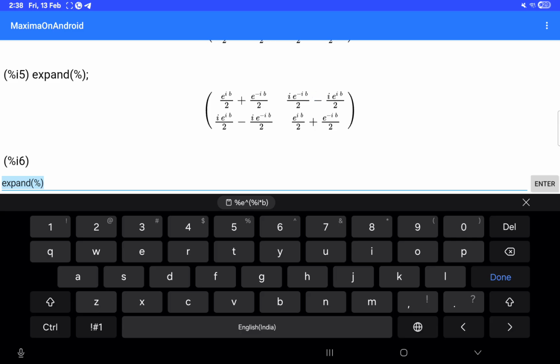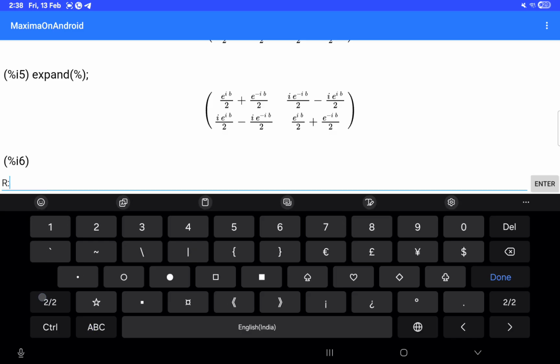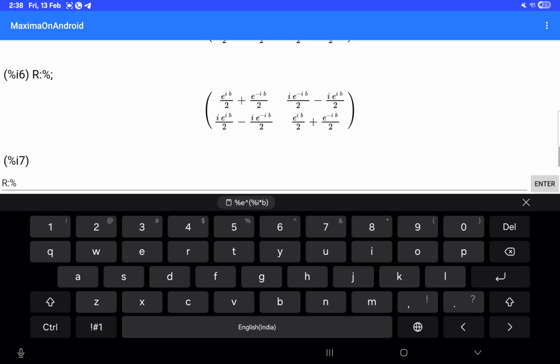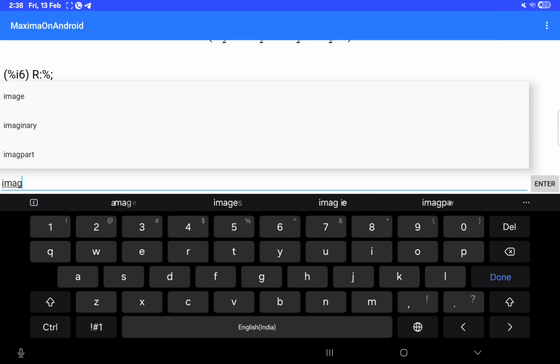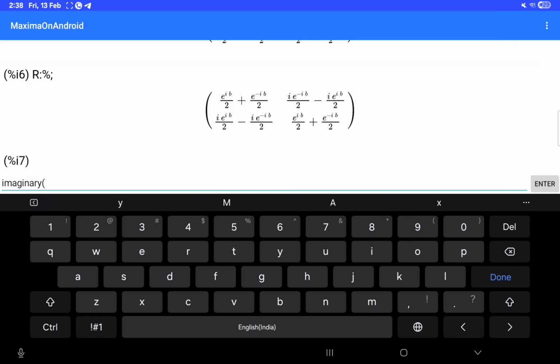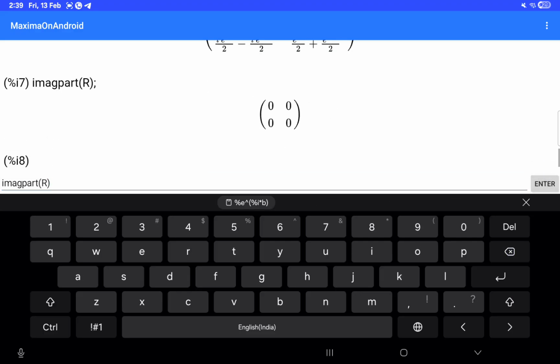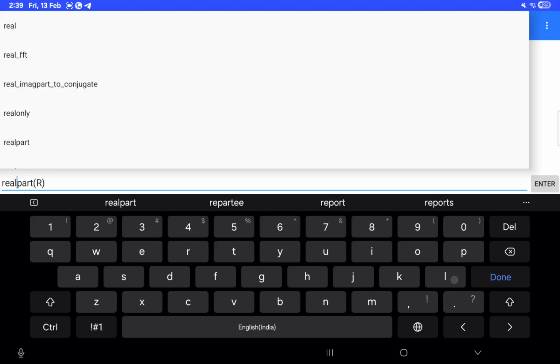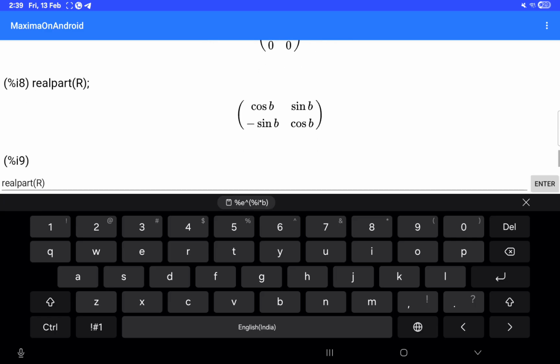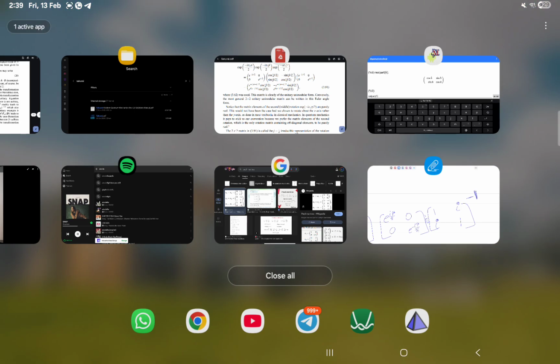For example, let me call this matrix result R, and I will show you that the imaginary part of this is 0. You see, it only has a real part, that's a good thing. So that's what we get.